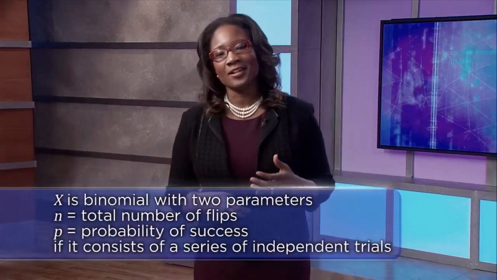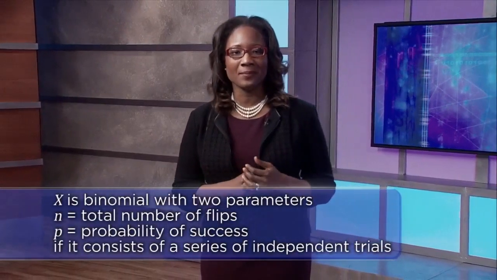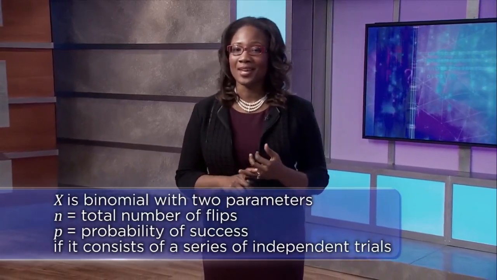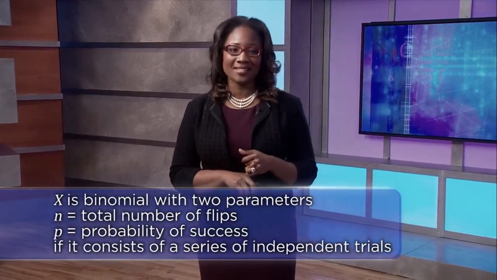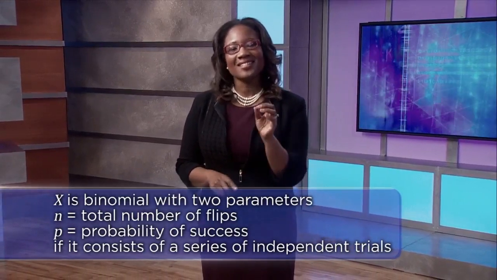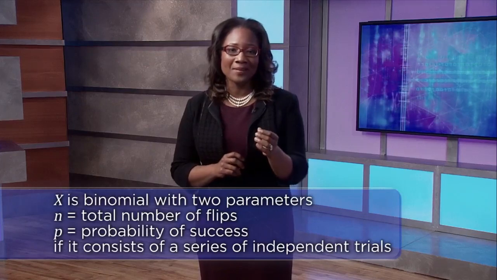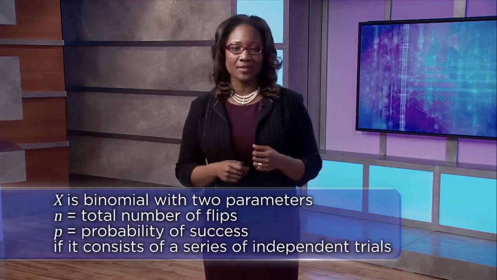We say x is a binomial random variable with 2 parameters, n, which is the total number of flips, and p, the probability of a success, if it consists of a series of independent trials where each outcome is a Bernoulli random variable. So a success or failure, a heads or a tail.